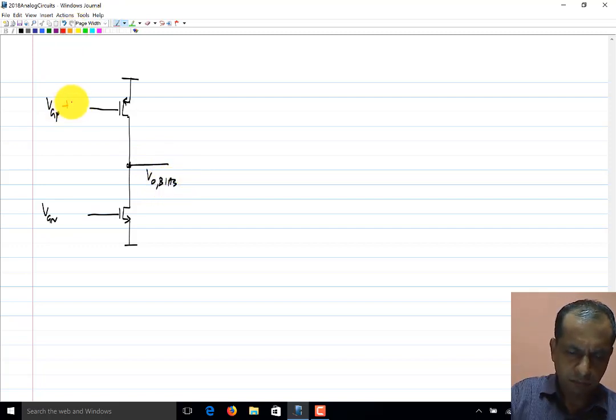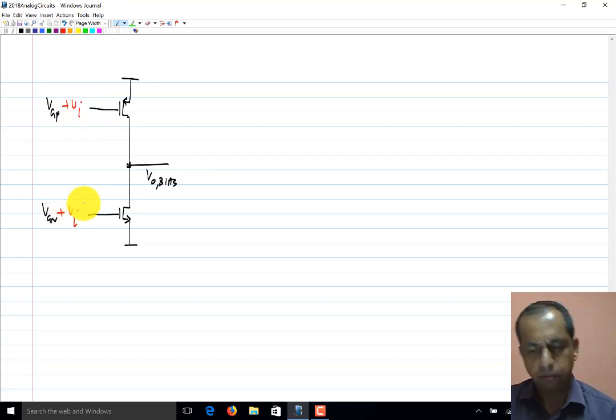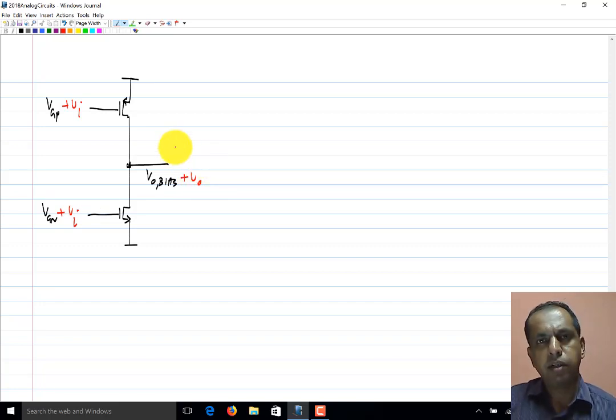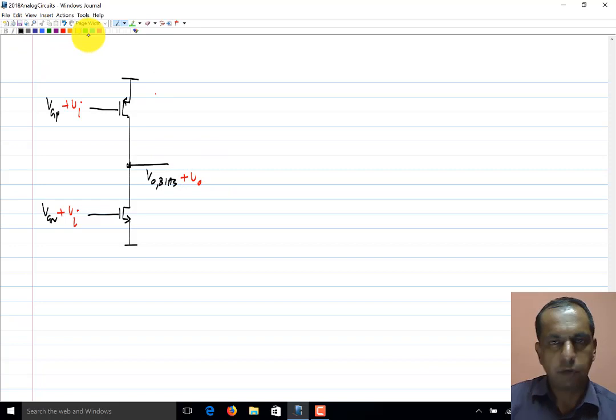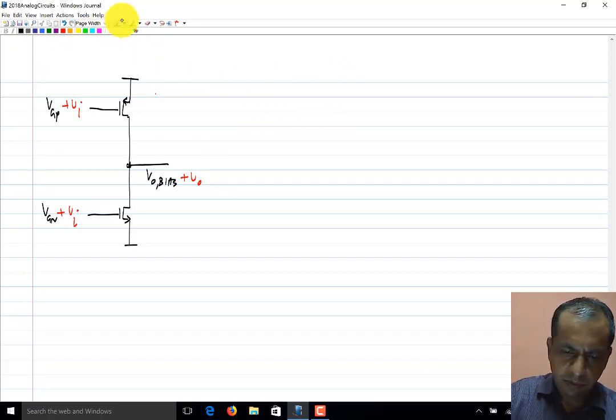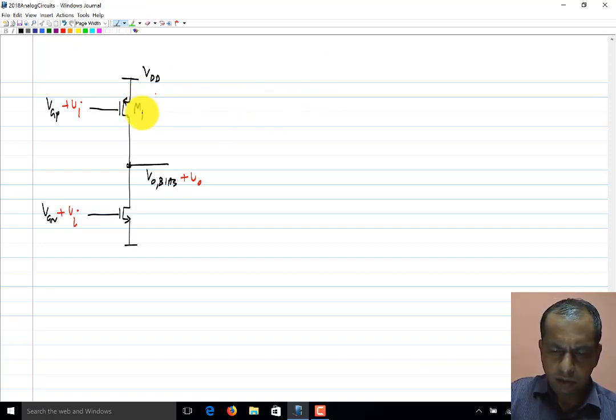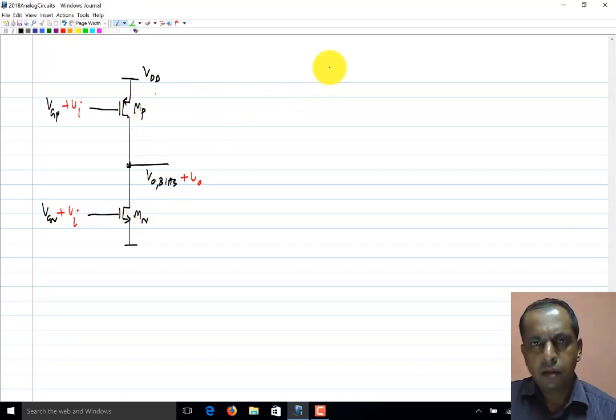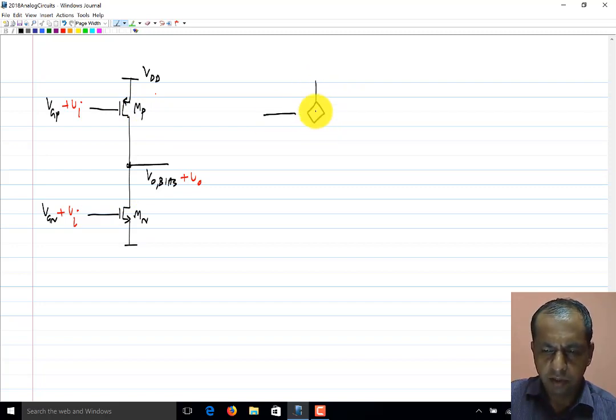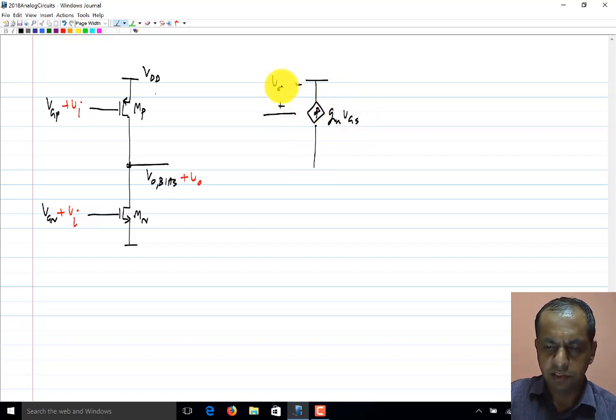And we apply the inputs to both of them. There will be an incremental output. What is the value going to be? The answer is pretty obvious, but I'll anyway work it out and show. I'll draw the incremental equivalent, in which case we have only the increments. The incremental equivalent of the PMOS transistor is like this, where this is GM times VGS and this is VGS.